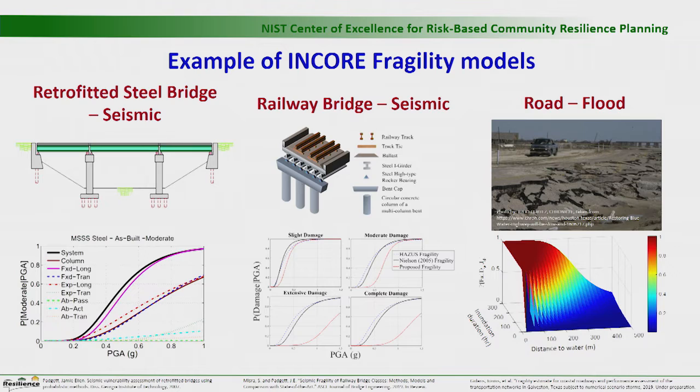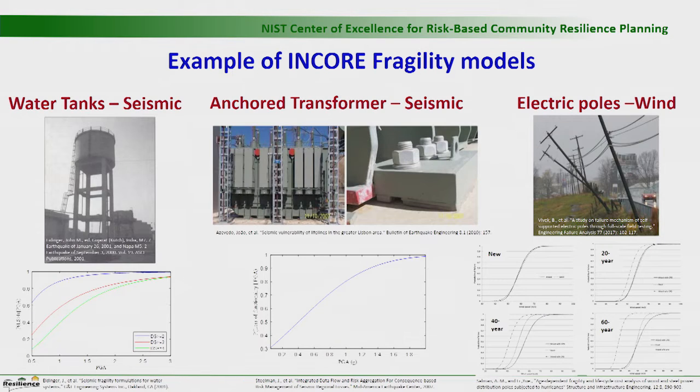Within the transportation infrastructure world, we're addressing two key modes of transportation, primarily looking at bridge and roadway networks as well as railway networks. And some examples on the slide from those systems here of the constituent components of those systems.